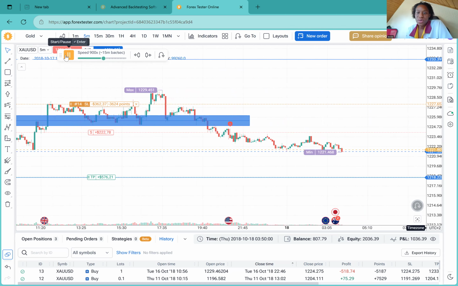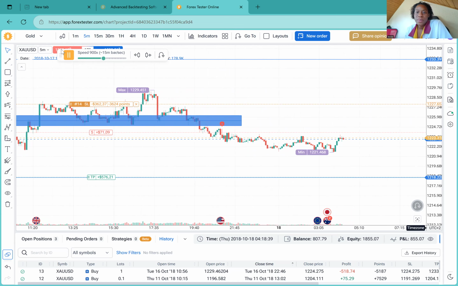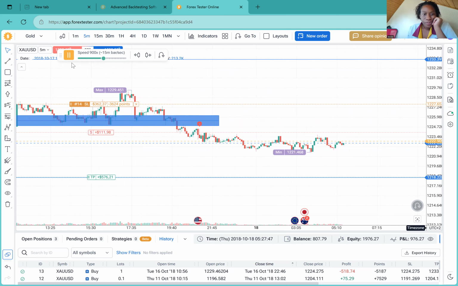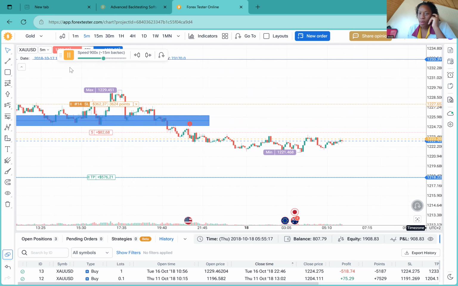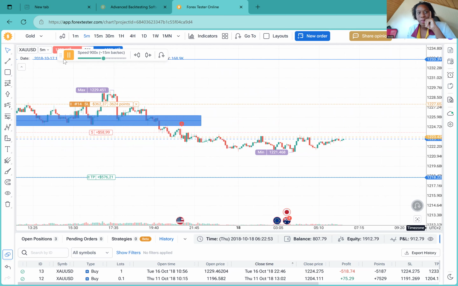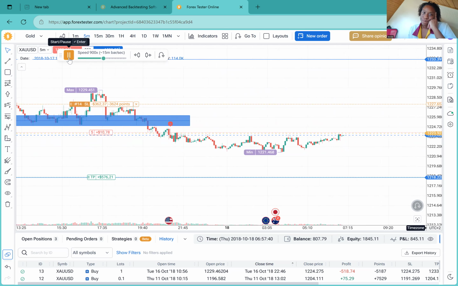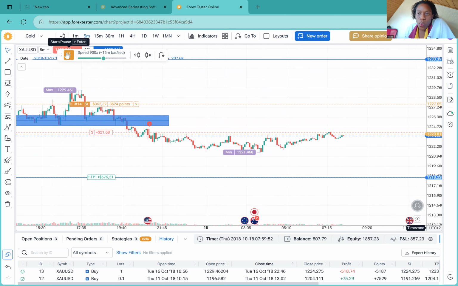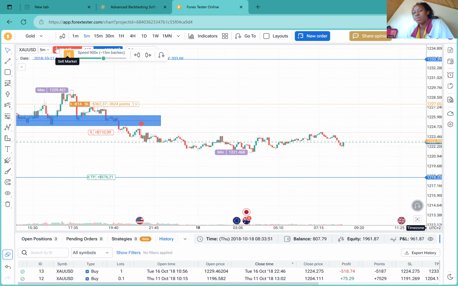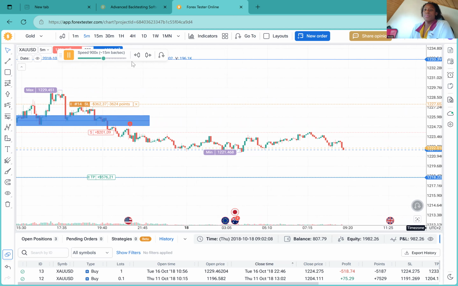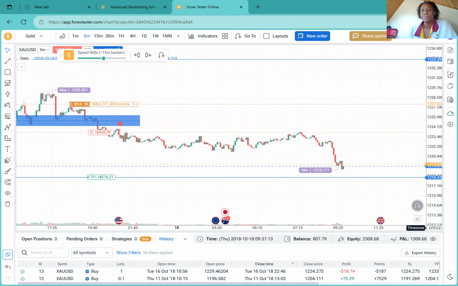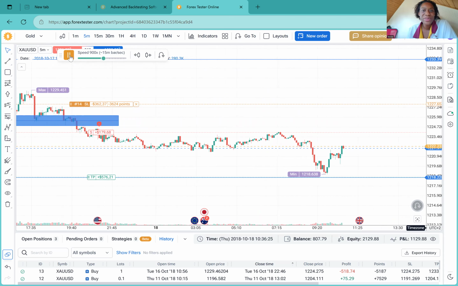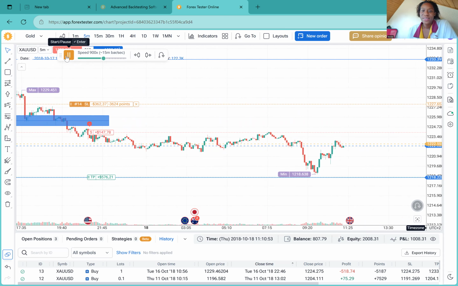I know that it's going to affect price, but okay. Ranging. So we are sort of ranging at the moment. Oops. You see how it just came right close to our TP and then decided to go back up.